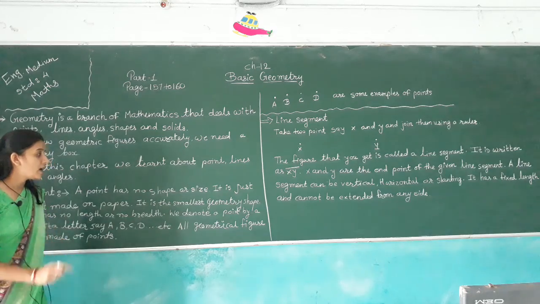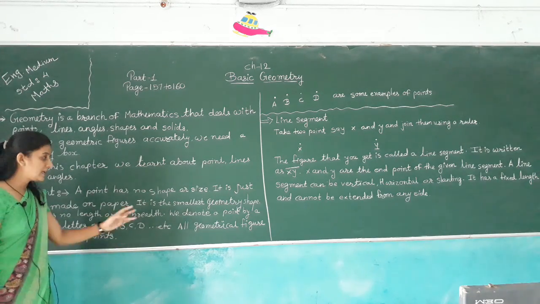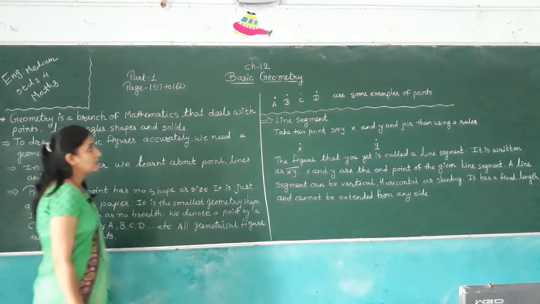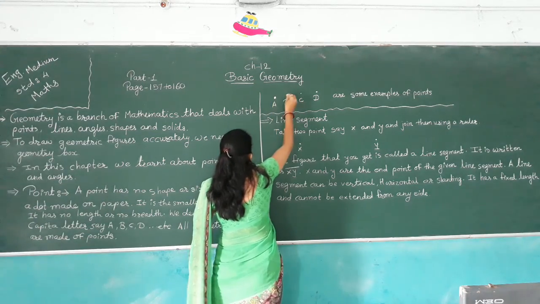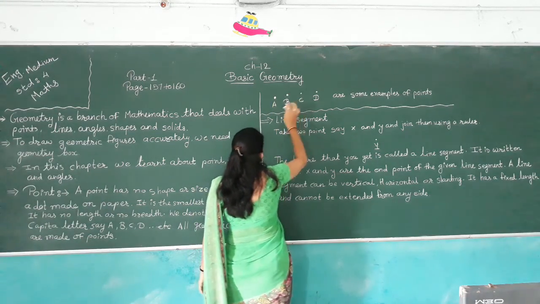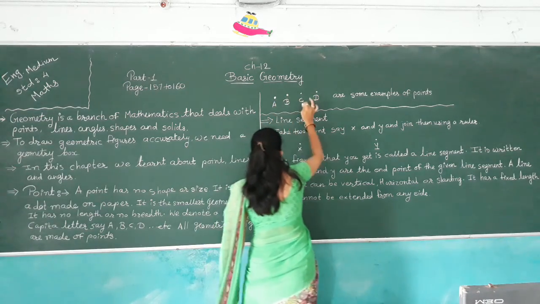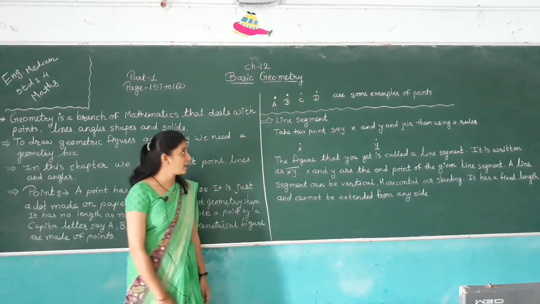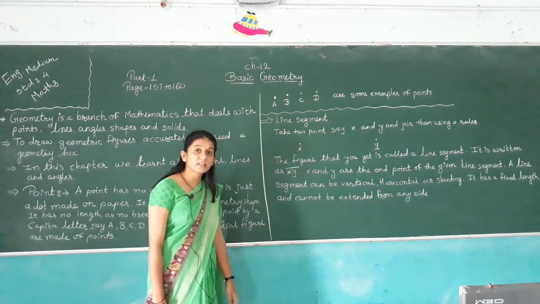We denote a point by a capital letter, say A, B, C, D. All geometric figures are made of points. Here some examples are given. This one is called a point, and the names given are point A, point B, point C, point D. These are some examples of points.